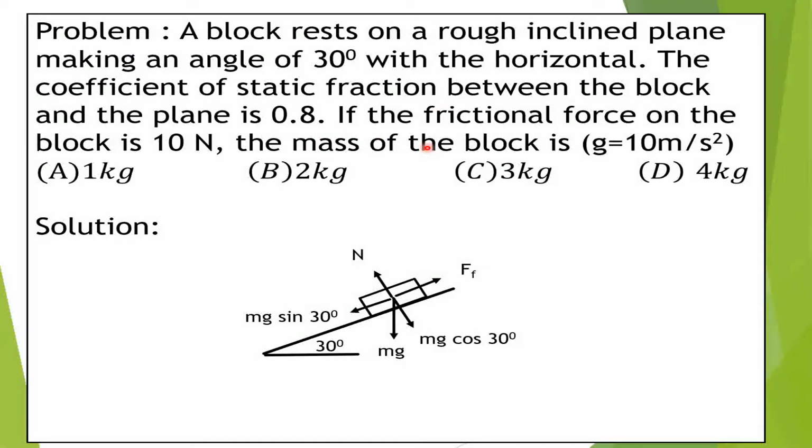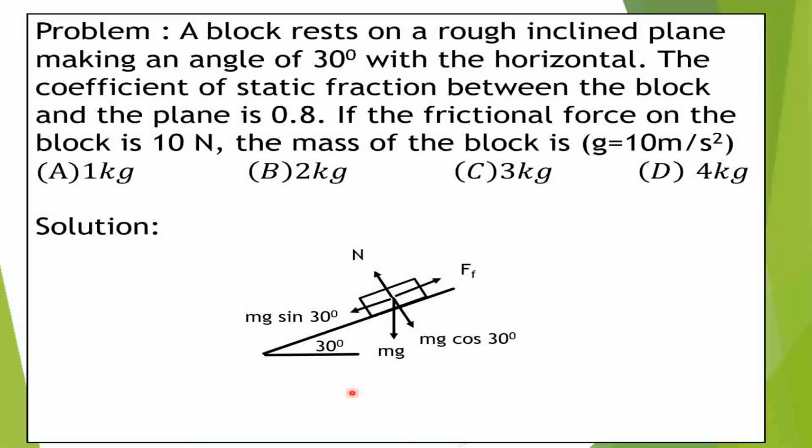From this diagram we can apply Newton's second law of motion. If you recall, Newton's second law of motion states that the rate of change of momentum, or F is equal to ma. So mass times acceleration is equal to the total applied force.